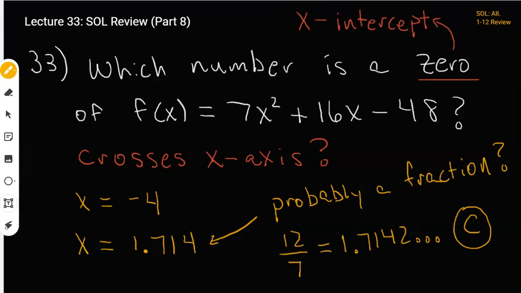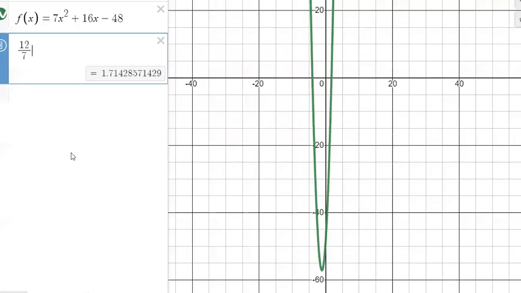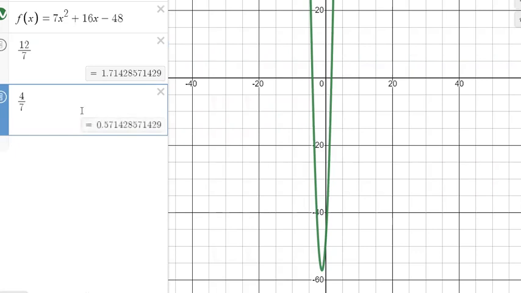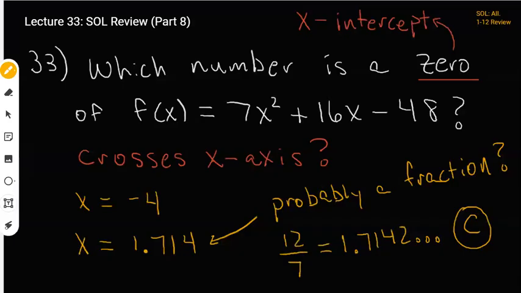The other one is 4 over 7. Let's see what that is. 0.5714. And we don't have that. So that's 33.